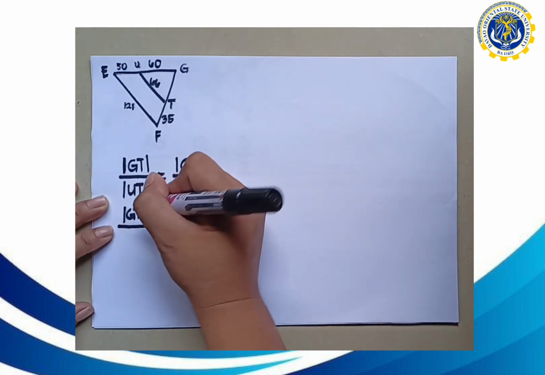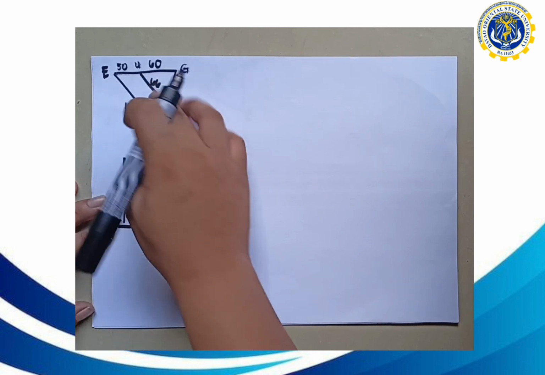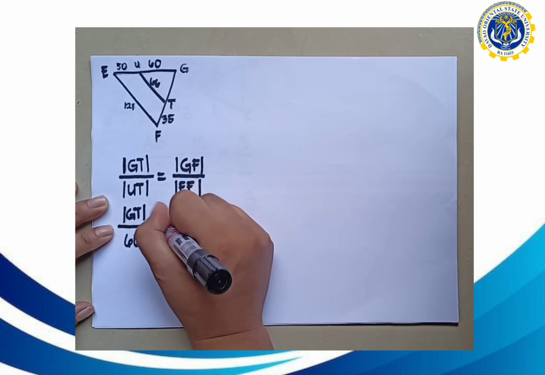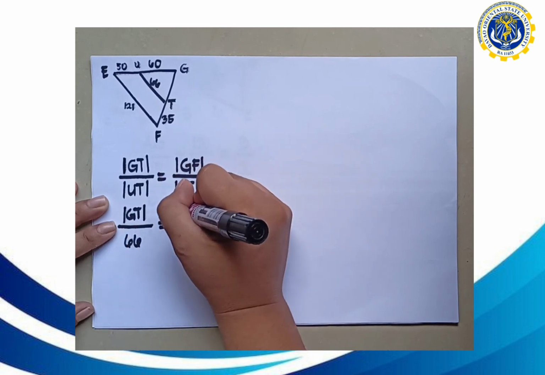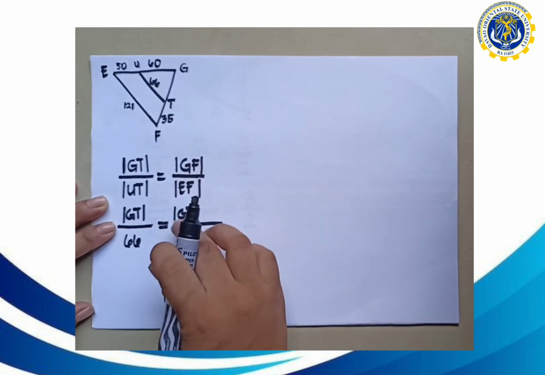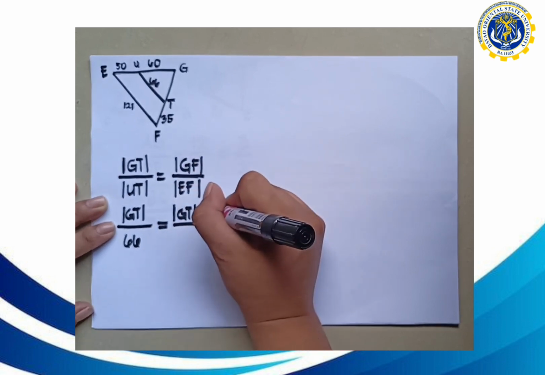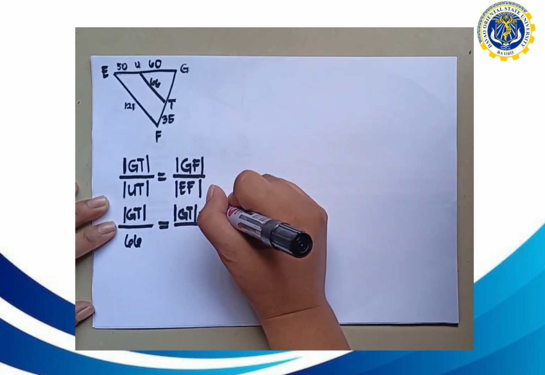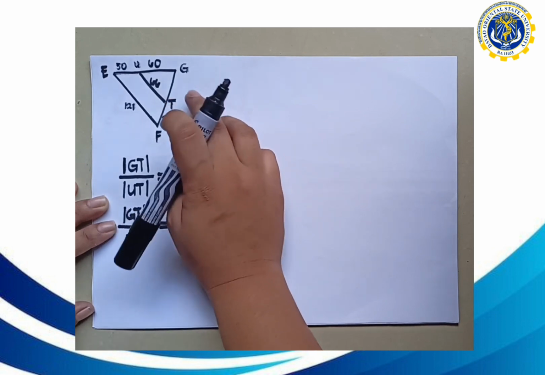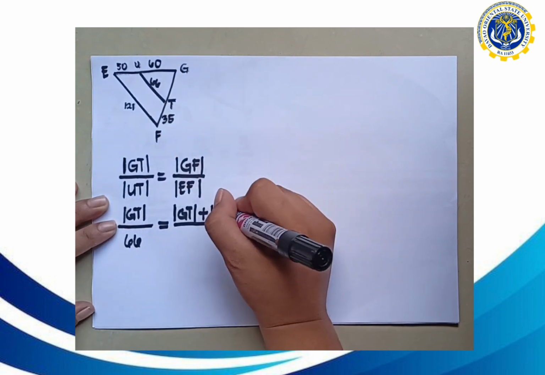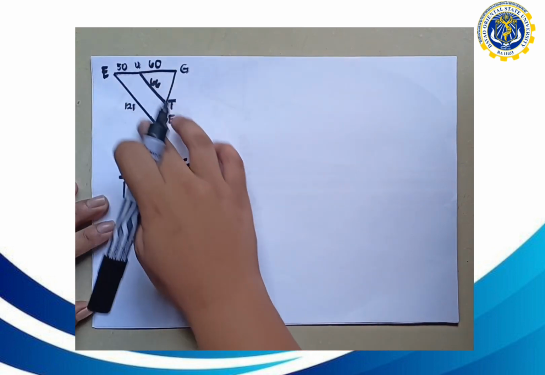We have GT over UT, which is 66, is equal to GT, since GT is unknown, you just copy the GT, plus the given value of GF, which is 35, over the value of EF, which is 121.